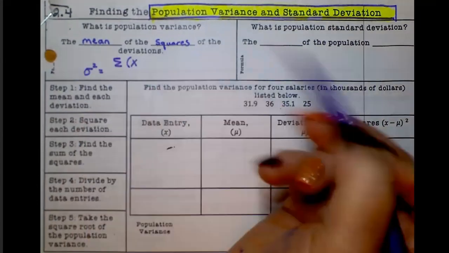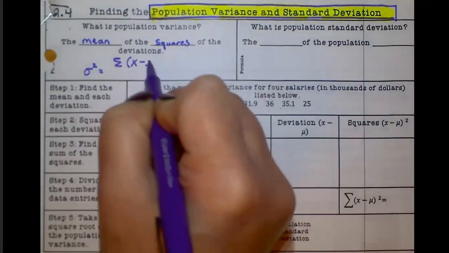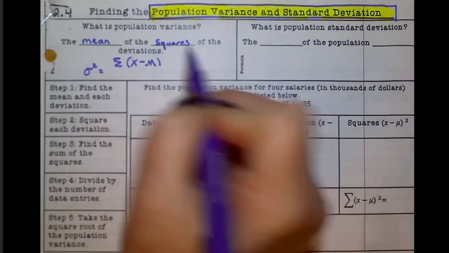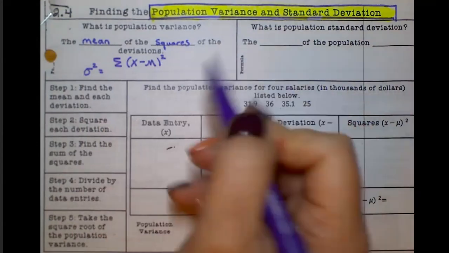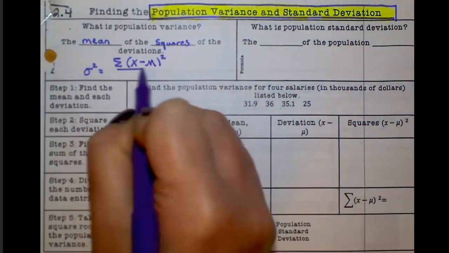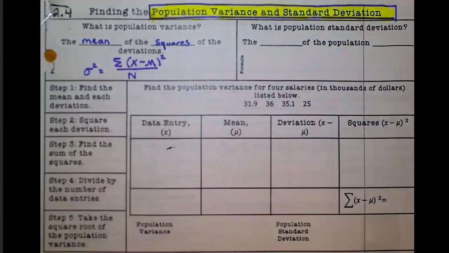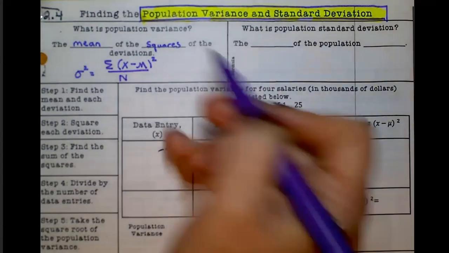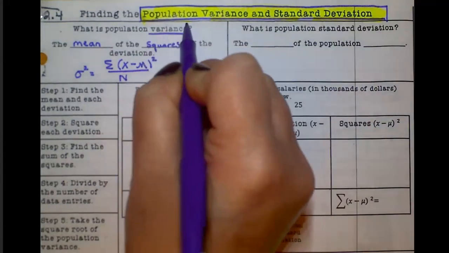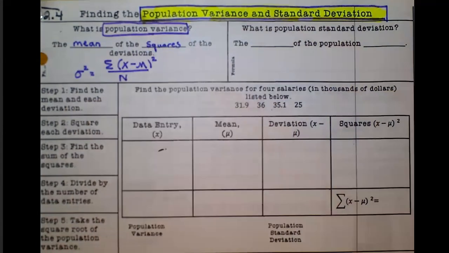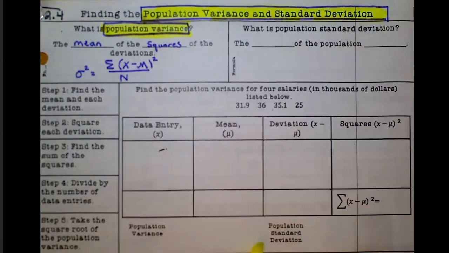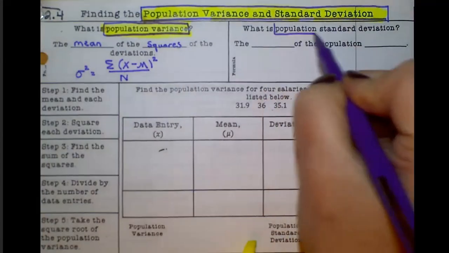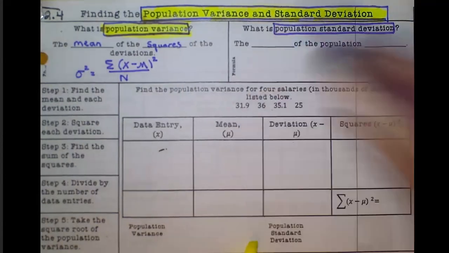You're going to take each data value, subtract it from the mean, square it to make sure we have positive values dealing with distance, and divide it by the capital N, because capital N deals with the population. Okay, now that's going to be your variance formula for population.